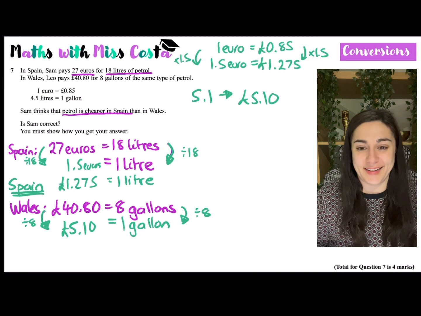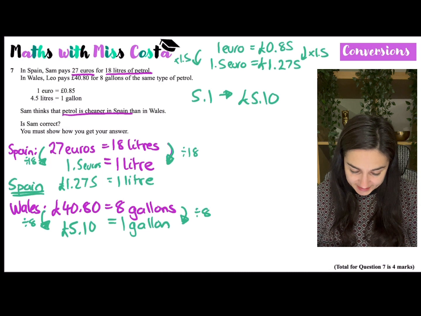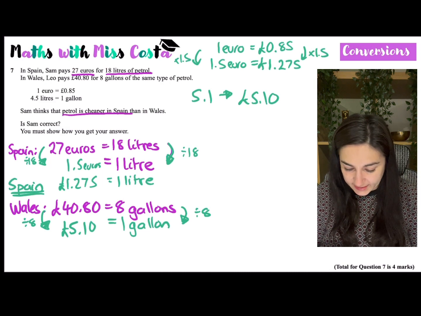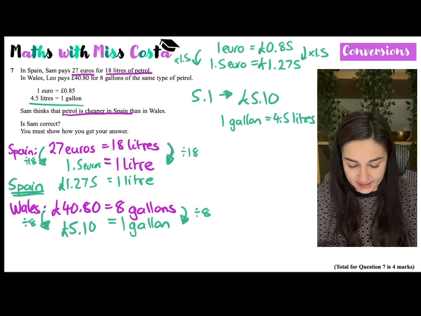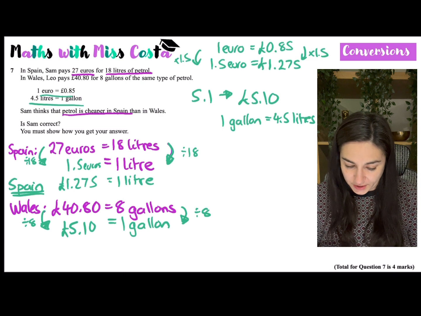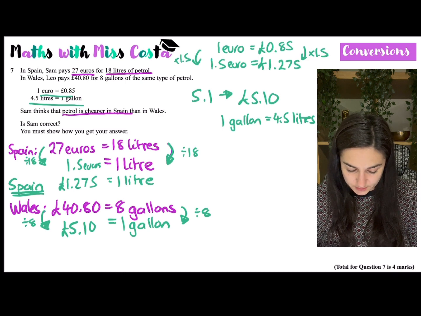Be really careful with these because they always get you out on these questions. So £5.10 is the cost of 1 gallon. Now I know that 1 gallon is the same as 4.5 litres because this is the information they've told me here. So to work out how many litres it is, I could times by 4.5.